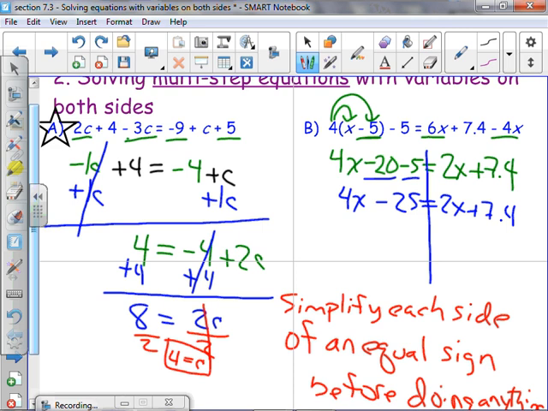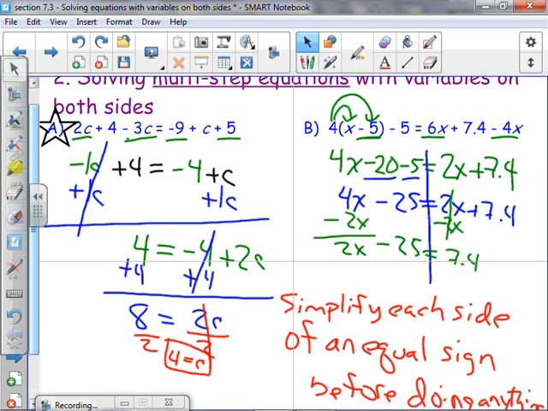Now I notice that, hey, I've got variables on both sides. I don't like it when that happens, so I'm going to subtract the smaller one, or get rid of the smaller one, which happens to be 2x. So minus 2x. Minus 2x. This gives me 2x here. This one gives me 0, so I have 2x minus 25 equals 7.4.